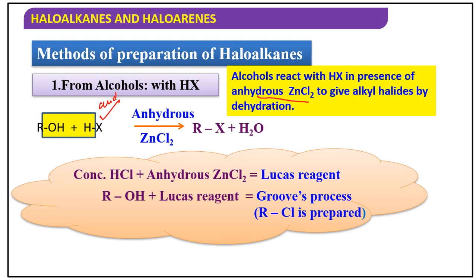When it reacts with acid, the first step is protonation. It generally produces H plus. This H plus attacks, water is released, and it forms a carbocation. After formation of the carbocation, the halide attacks on it.